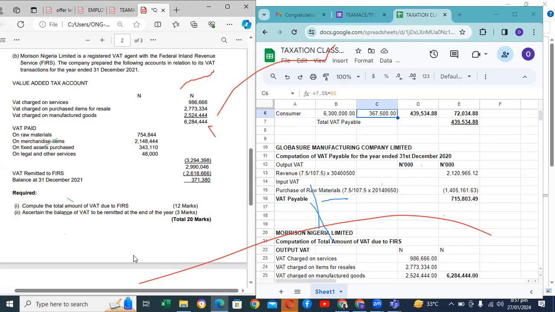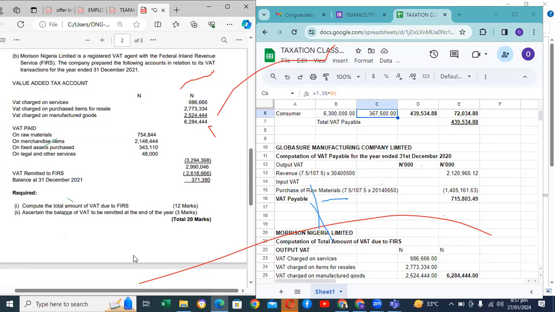I was thinking it was the VAT that maybe the manufacturer incurred. Please, can you explain why it is an output VAT? The reason it is an output VAT is because it is charged, meaning he charged it on customers.